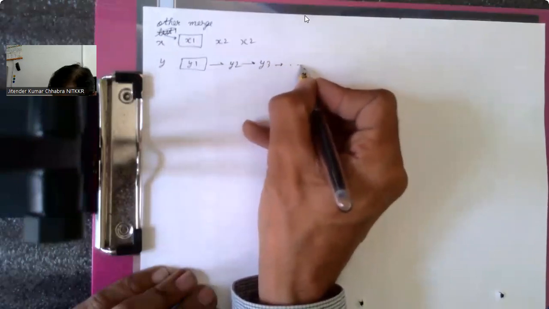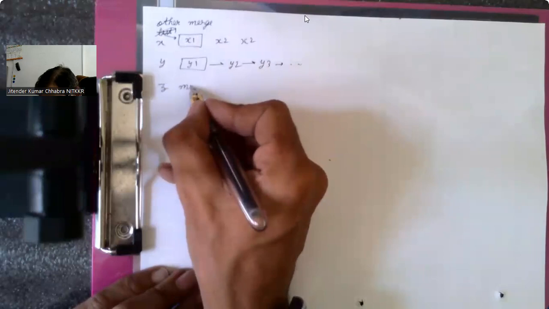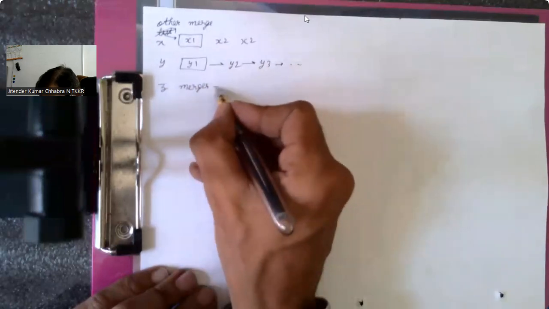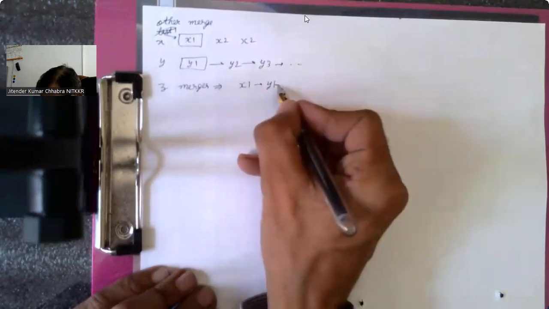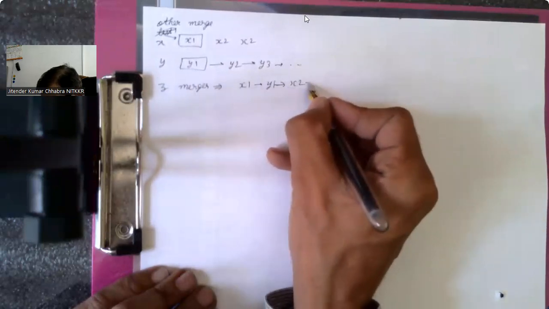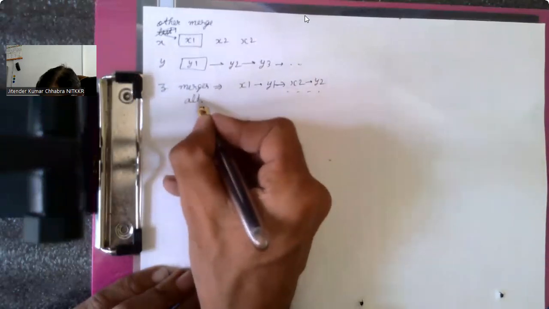I want to generate a list Z which merges in a way that x1, then y1, then x2, then y2, and so on.